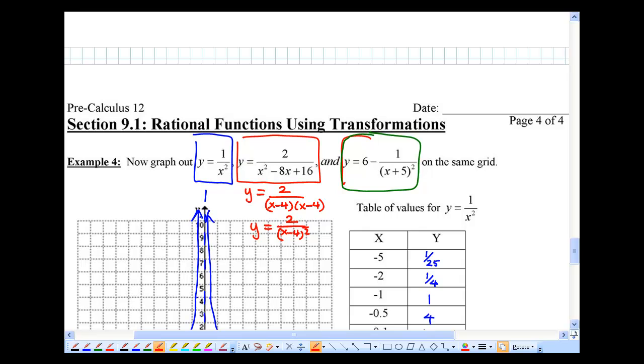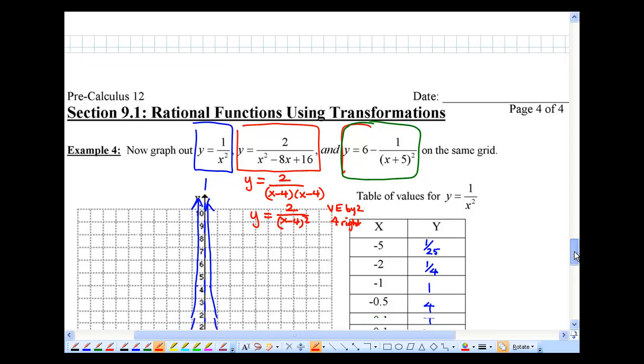And if I ask you to compare that with the blue graph, the 2 means it's a vertical expansion by a factor of 2. So you're stretching it vertically. And the x minus 4 means you shift it 4 to the right. So vertical expansion by 2, 4 to the right. And so now I'd like you to graph that out. You can make a table of values, but let's just do a quick sketch.